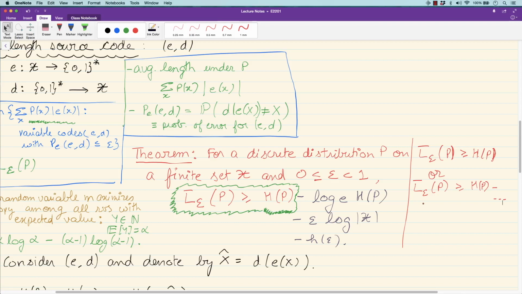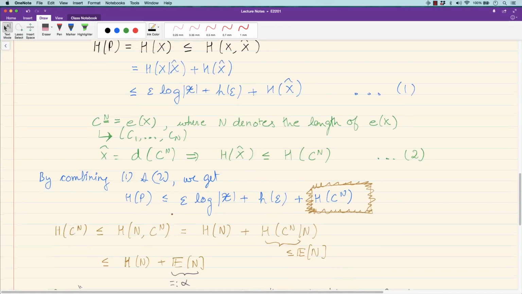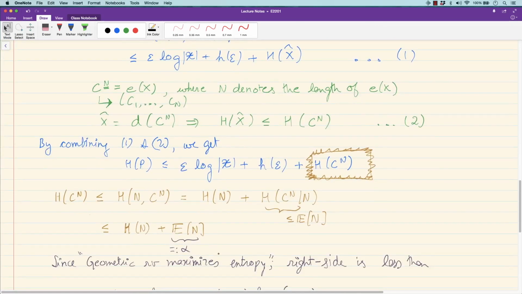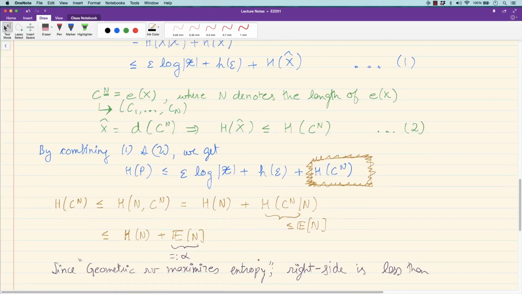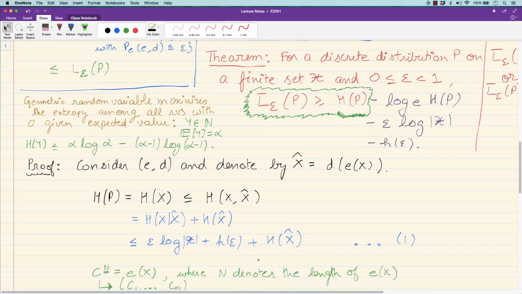So once again, to conclude, we have obtained, even for this variable length code, the fact that average length is at least H of P. And in showing this, we use this interesting fact that a geometric random variable maximizes the entropy. If you look at a Fano based proof for fixed length code, there also we have used the fact that uniform distribution maximizes the entropy for a random variable taking finitely many values.